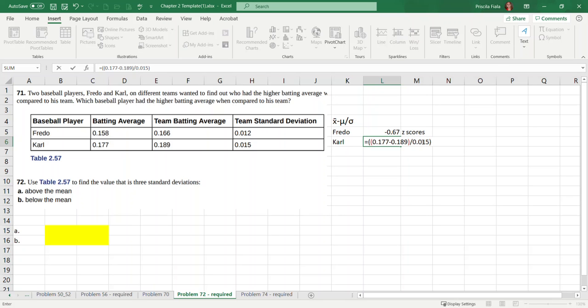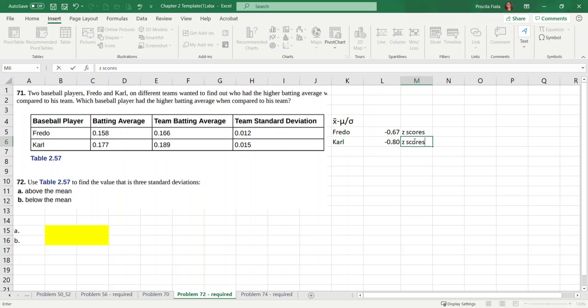This means 1.5, not 15%. Without the zero, it would be 15%. That's a very common error that I notice students make when it comes to percentages. If I tell you 5%, it would be 0.05 and not 0.5. 0.5 is 50%. Okay, so enter.